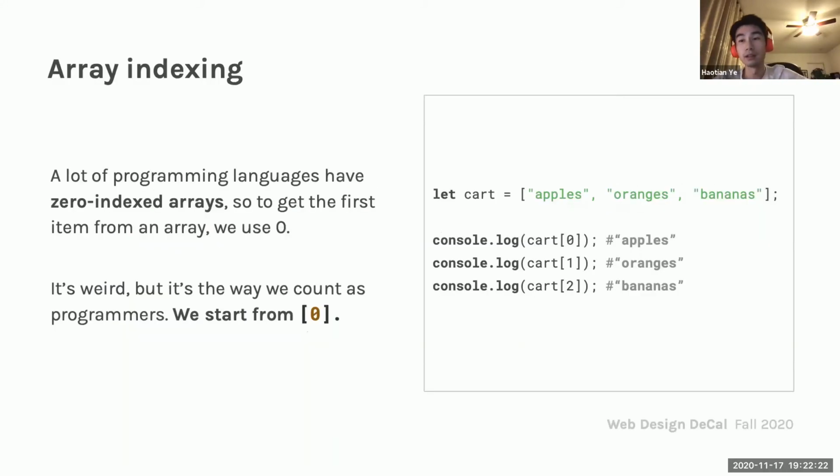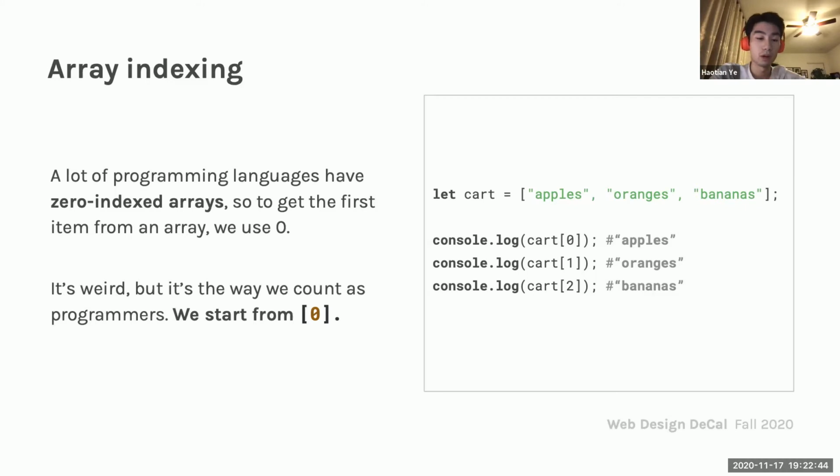And once we declare the list, you might wonder, how do we individually access each item in that list? This is something we call array indexing or list indexing. Basically most, if not all, programming languages have this.